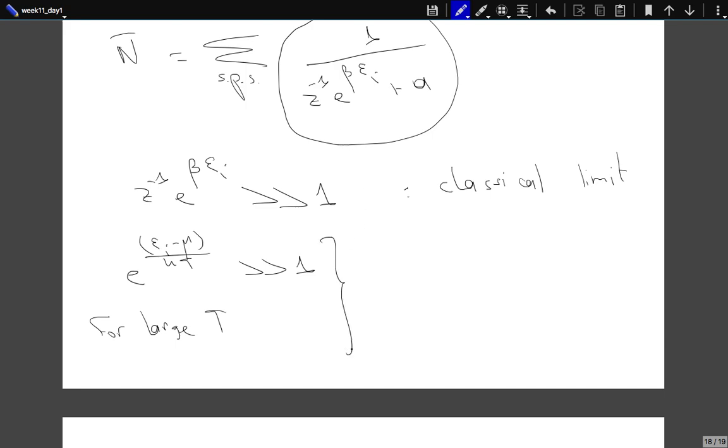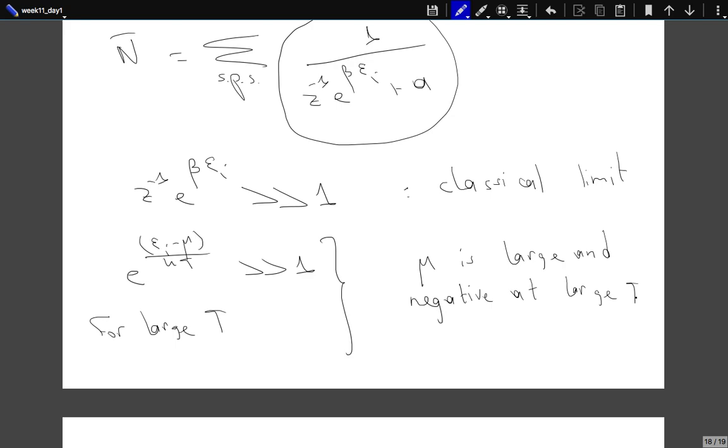Combined with this result, this tells me that mu is large and negative at large T. Otherwise, if mu is small, not large, then for some epsilons the ratio epsilon minus mu over kT will not be large, and hence the exponential won't be much larger than 1.